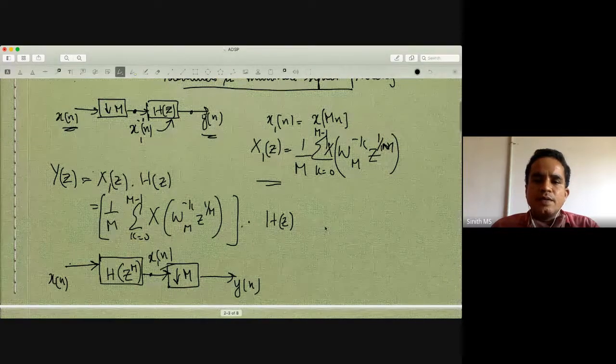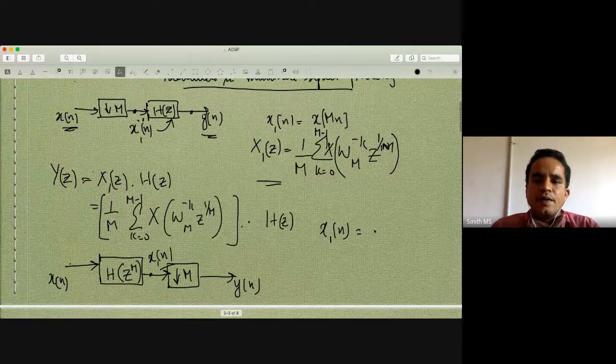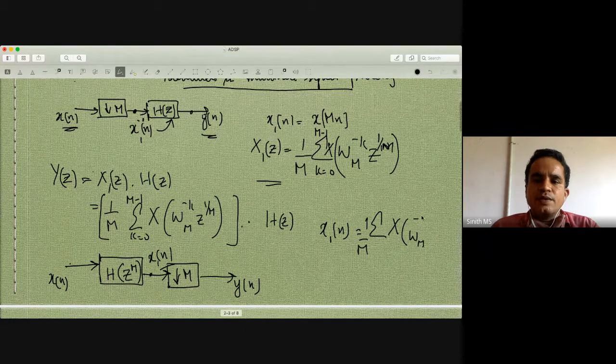X1(n) is basically the sum 1 by m, sigma X of W_m raised to minus k z raised to 1 by m. Here you already have z raised to m, so that will become z.